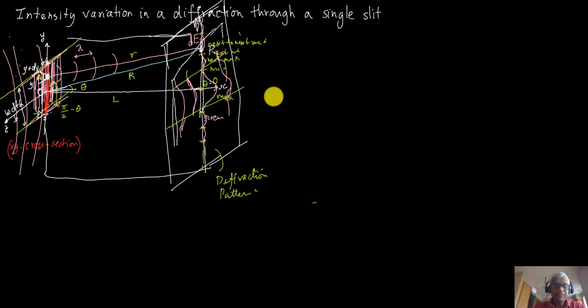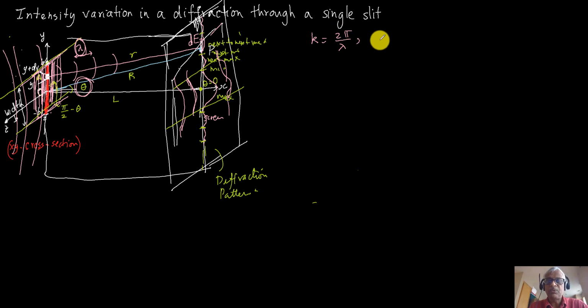Okay, the formula for any angle theta and given lambda: let's write down k is 2 pi over lambda, right? So I can write down lambda or k.